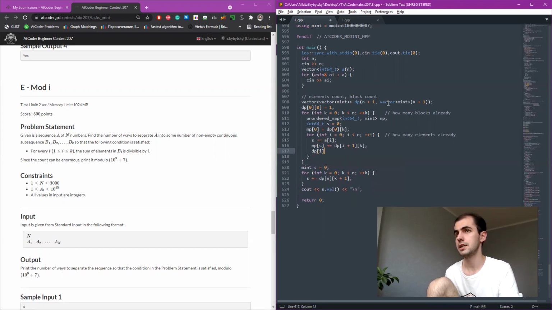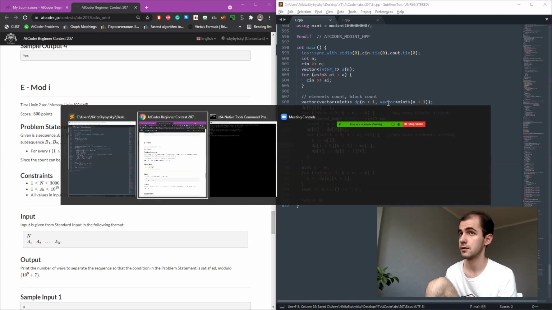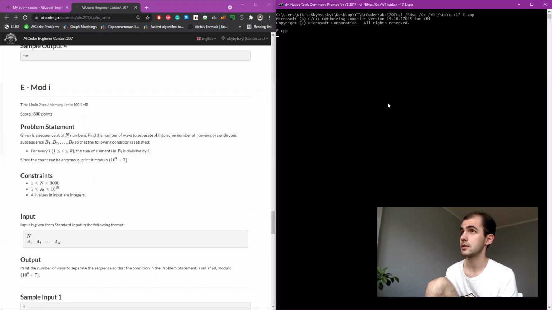Now DP at i+1, k+1 should get map of S before this happens. Is it so?